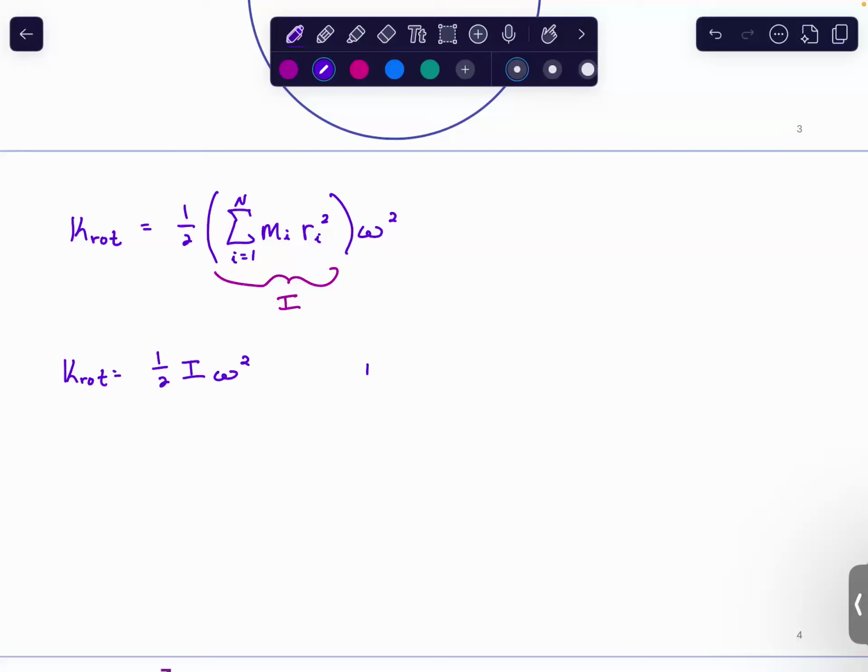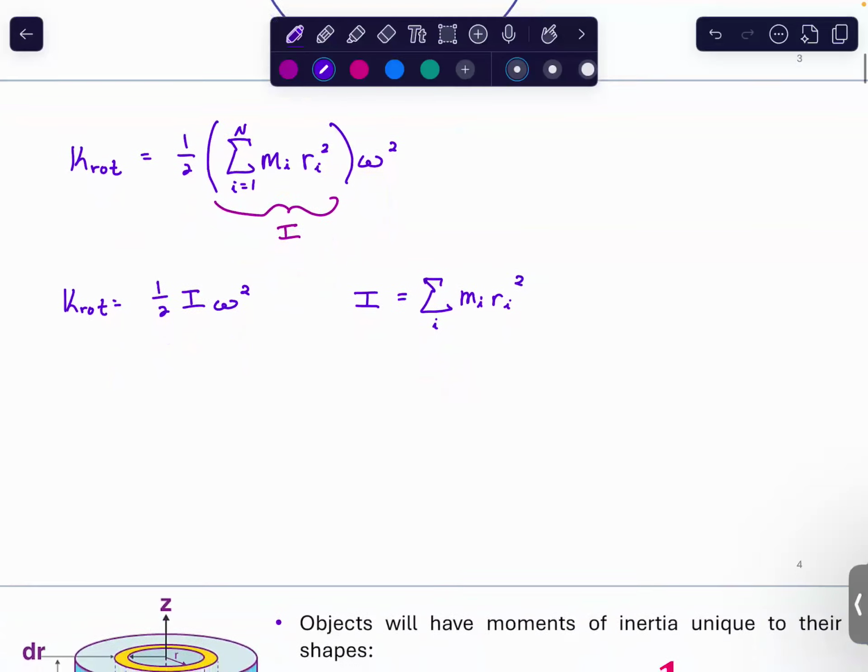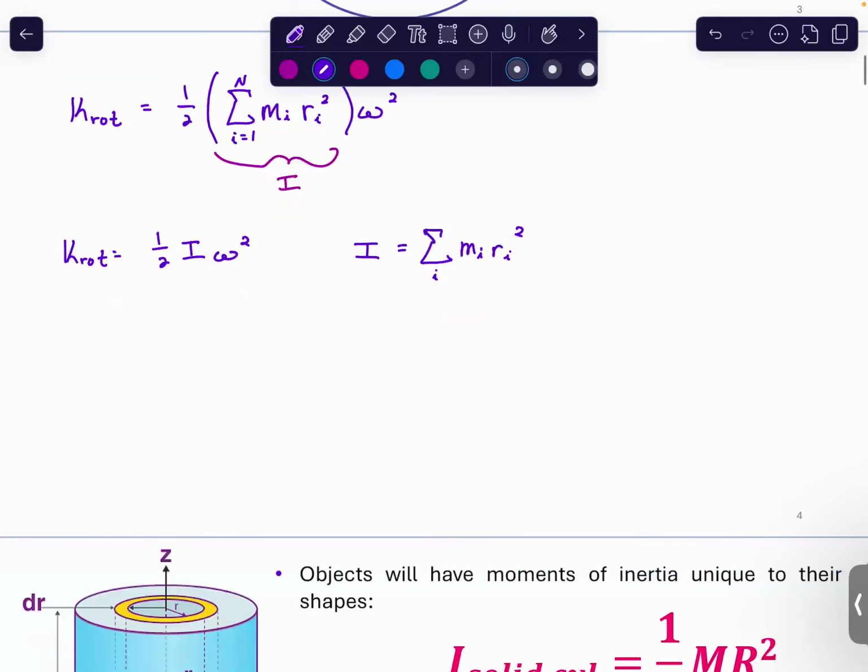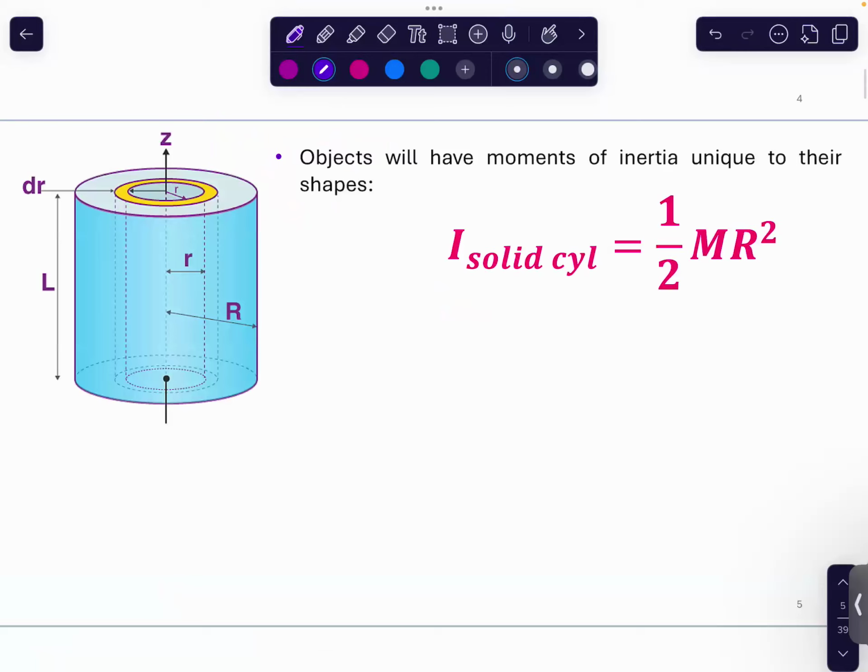And then, of course, your moment of inertia becomes the sum of your masses times the square of your radii. Now, every single object that has a specific geometry is going to have a moment of inertia associated with that geometry.